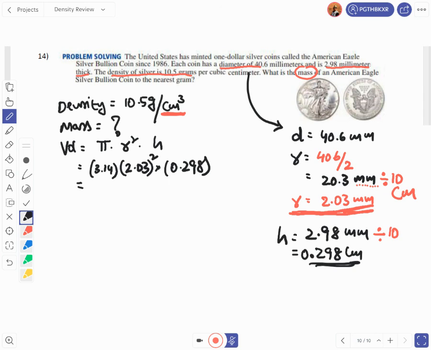So let's compute using the calculator: 3.14 multiplied by 2.03 squared times 0.298. It is 3.856. Anyhow, this is the volume. What are the units? You can see that it is in cubic centimeters. That's it.